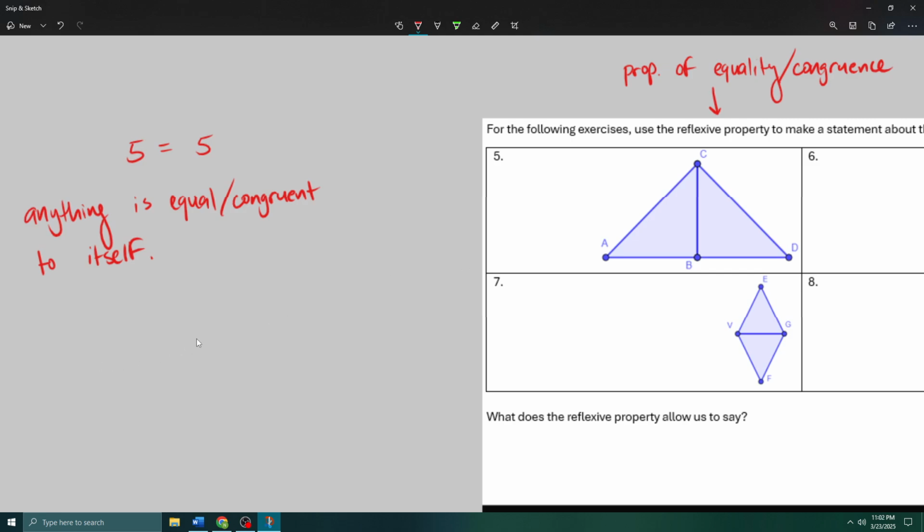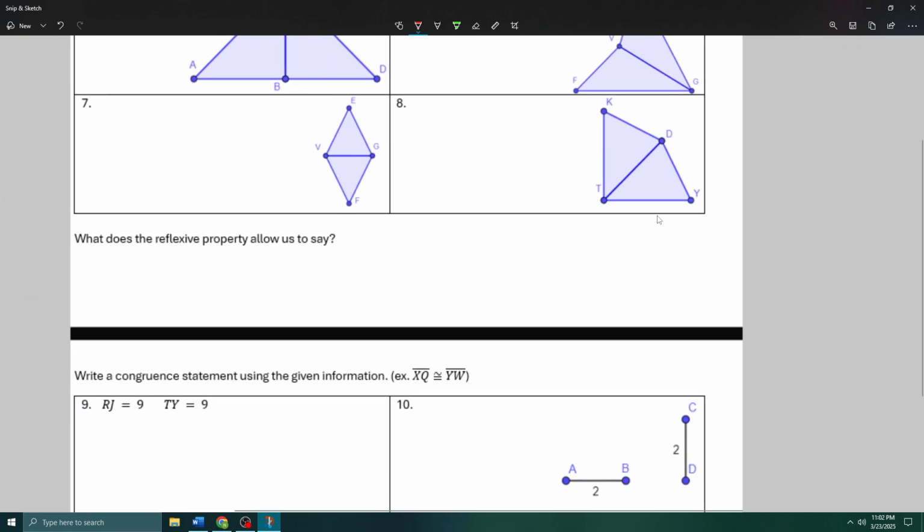So let me just draw a really bad triangle. We'll call it XYZ. Well, XYZ is congruent to itself, to XYZ. That's all the reflexive property allows us to say. But again, how can we use this in the context of triangle congruence?